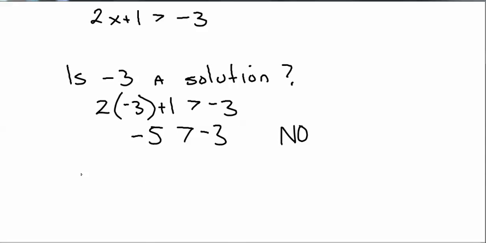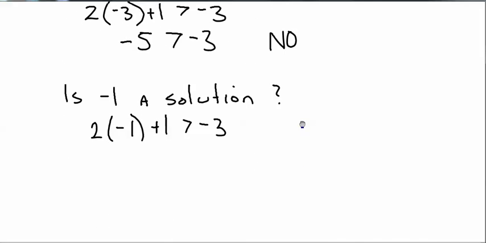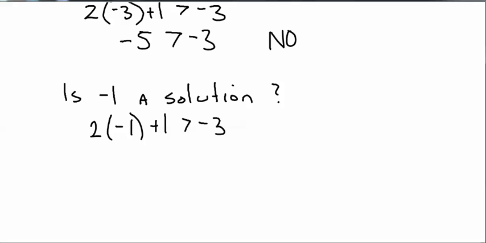Is negative 1 a solution? You take 2, you multiply it by negative 1, you add 1 to it. Is it greater than negative 3? Well, I don't know. What's 2 times negative 1? Negative 2 plus 1.